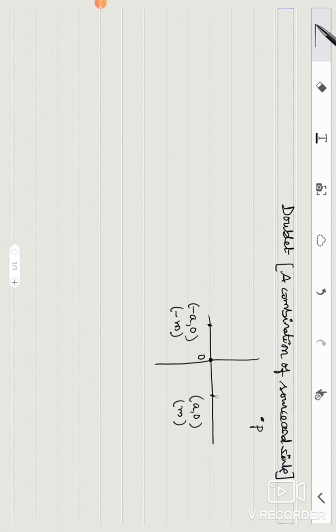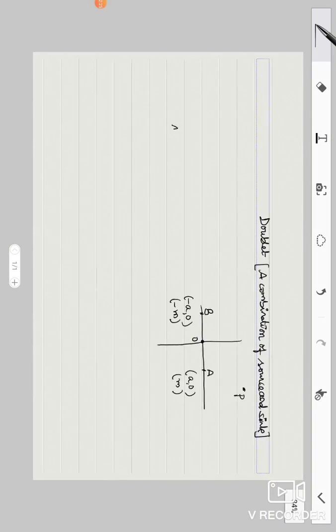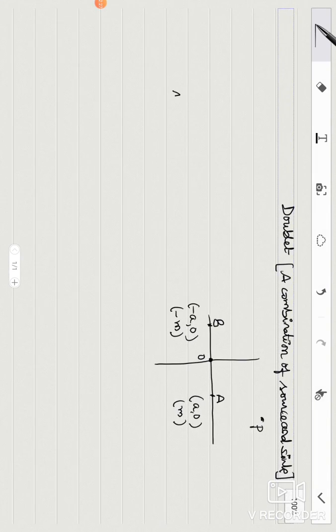Now let this point be A and this point be B. Then the distance AB is denoted by delta S. Now the source and sink are such that the source is allowed to approach the sink.